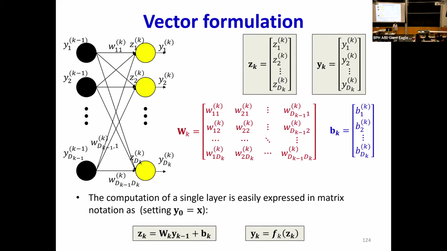And so I can say Z equals WY plus B. Very trivial. And then subsequently, I can define my activation function, and I can apply my activation function on my Z, and I get the corresponding Y, right? So f of Z equals Y. Now, see the difference in notation between this and the previous scalar form. It is trivial.